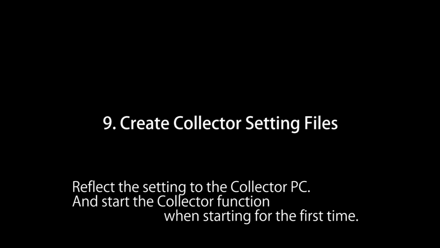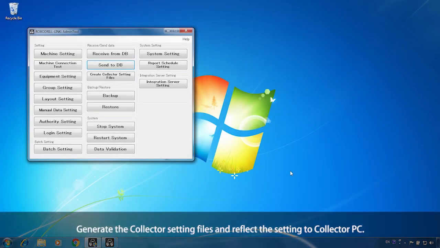9. Create collector setting files. Reflect the setting to the collector PC. And start the collector function when starting for the first time. Generate the collector setting files and reflect the setting to the collector PC.